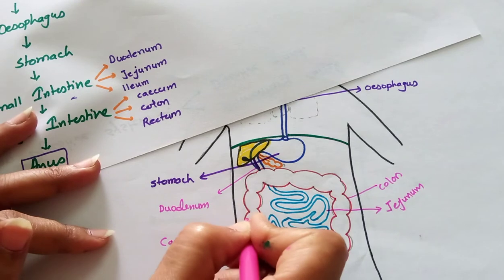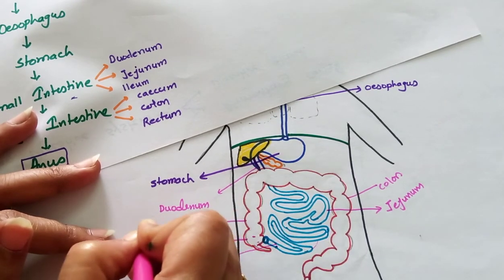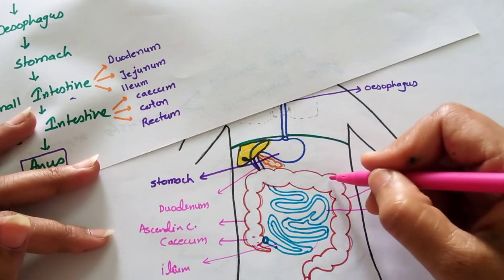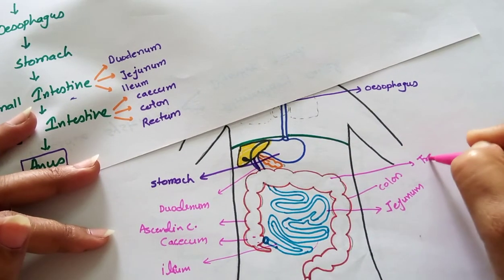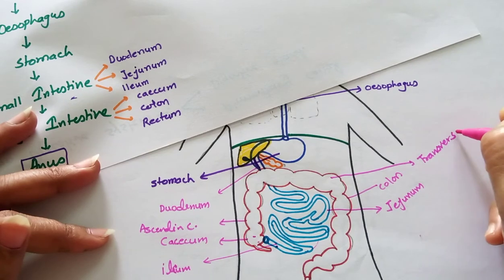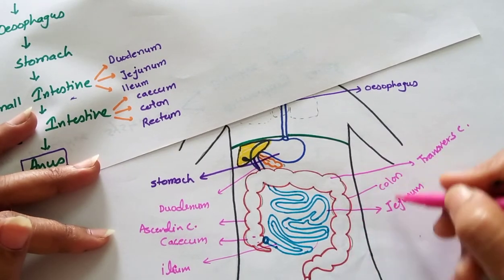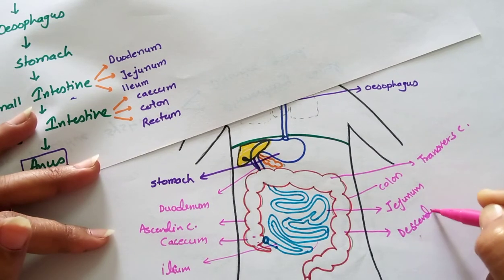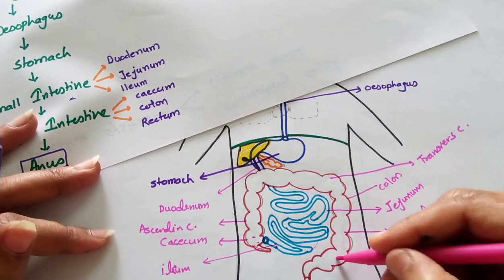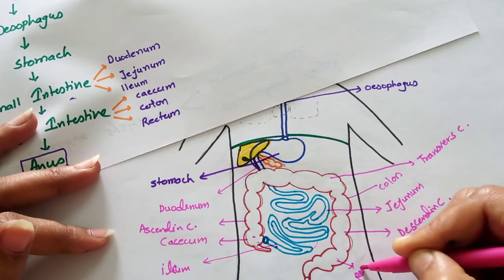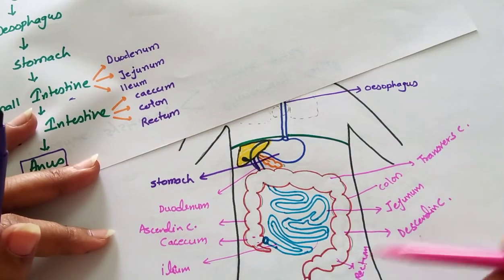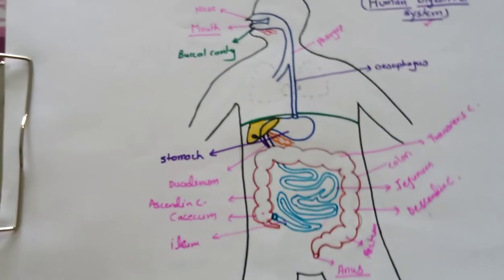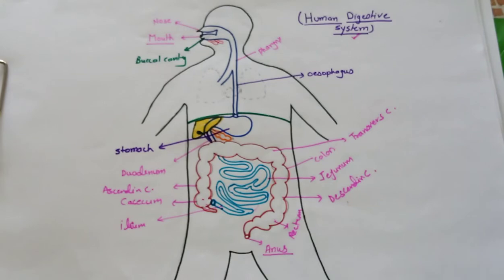This is the ascending colon, and this is the transverse colon, and this is the descending colon. Now it opens to this part. This is called the rectum, and this rectum opens to your anus. So this is all about your alimentary canal. This is your complete alimentary canal.